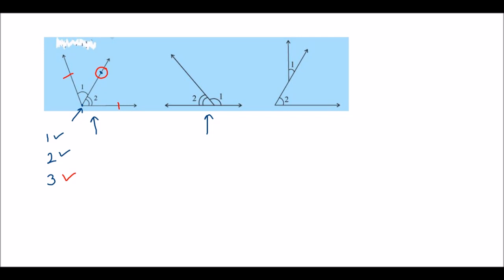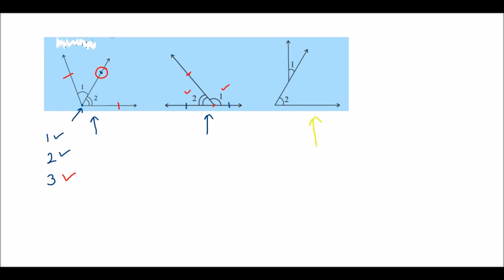In the same way here, angle 1 and angle 2 will be adjacent angles. You can clearly see a common vertex, a common arm, and non-common arms on either side of the common arm. Now look at this third figure. In this, angle 1 and angle 2, we are trying to check whether they are adjacent angles or not.